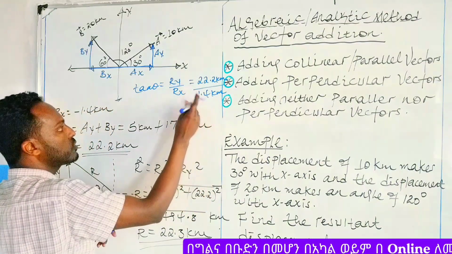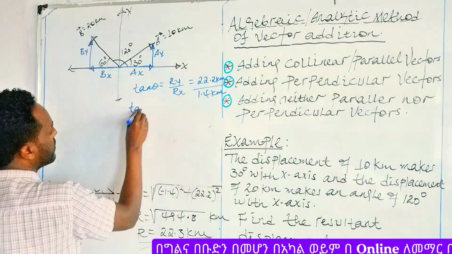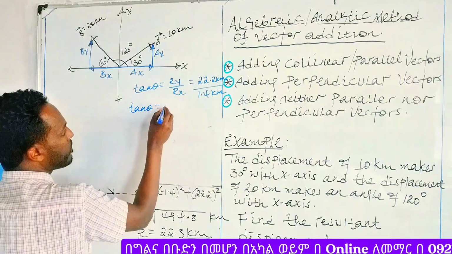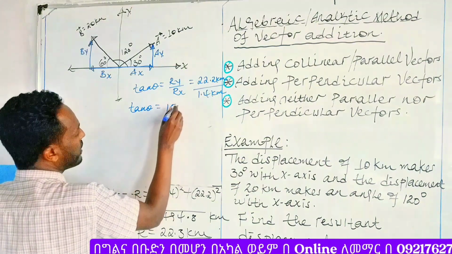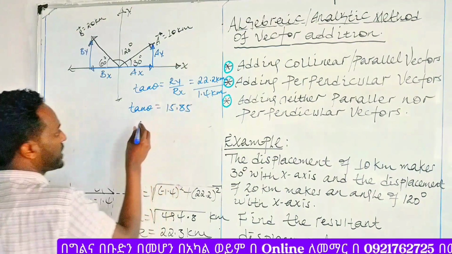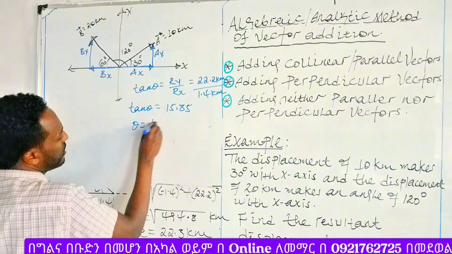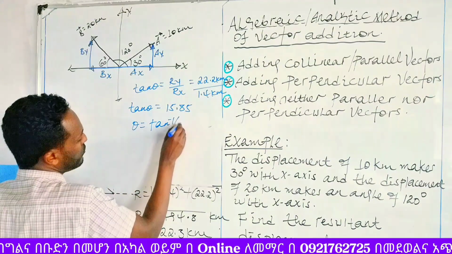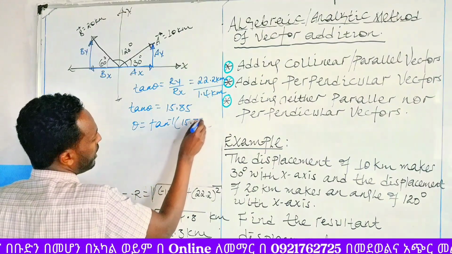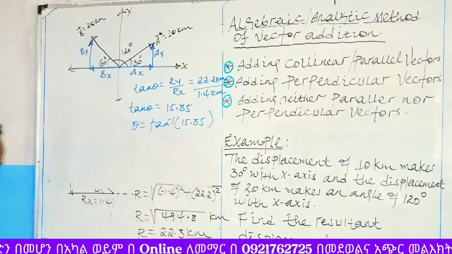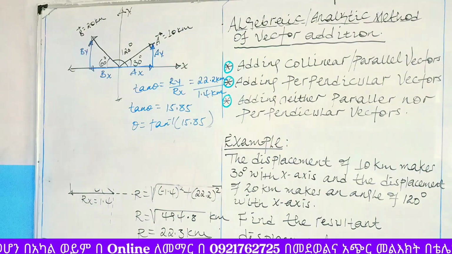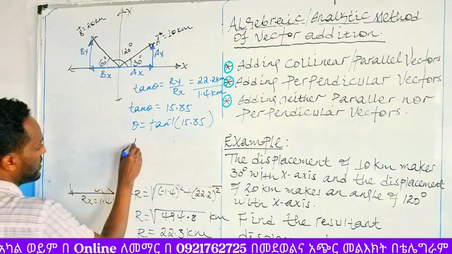Dividing, tan theta is equal to 15.85. Then theta is equal to tan inverse of 15.85.